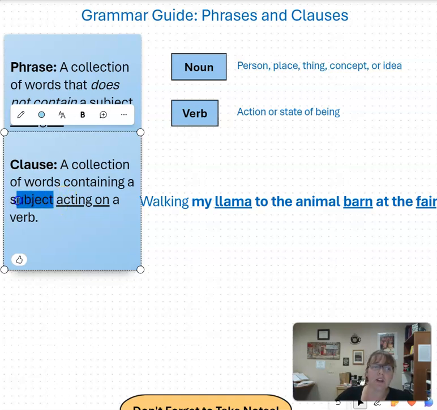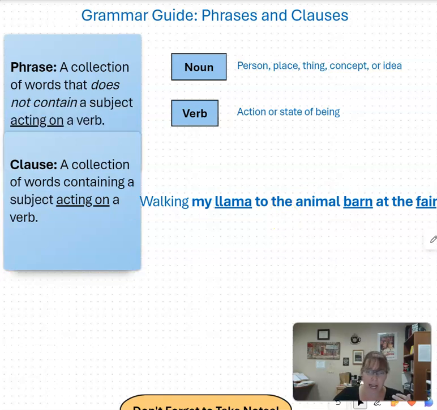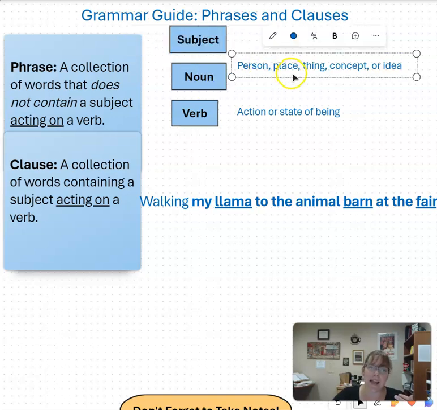So we have this definition over here. In order to have a complete construction that can stand alone, we need to have a subject acting on a verb. So a subject, you guys, is a noun. Okay, let me reorganize here just a little bit. A subject is a noun.